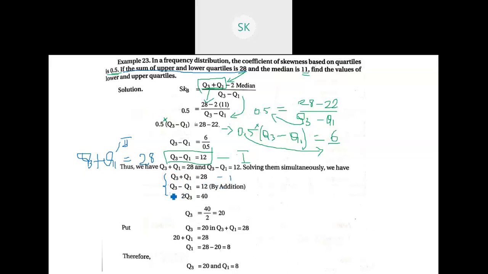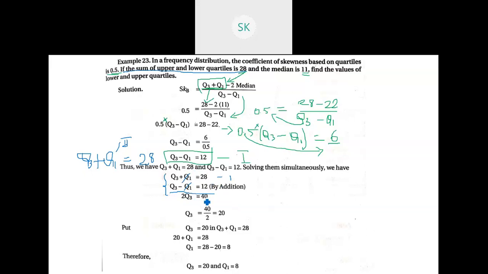If you add both equations, Q3 plus Q3 will give you 2Q3. Then plus Q1 minus Q1 will get cancelled. Then 28 plus 12 is 40.